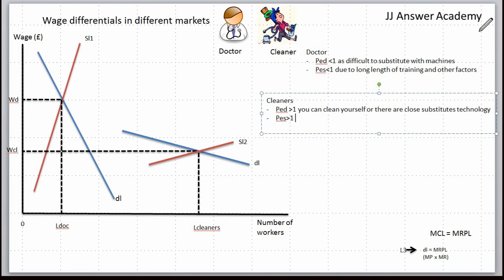Probably 2 or 3 weeks of training and you can become a qualified cleaner. So training is short, and they are not highly skilled. The only thing I can think of is people dealing with nuclear waste, where there's a danger to life, so supply is not really elastic.